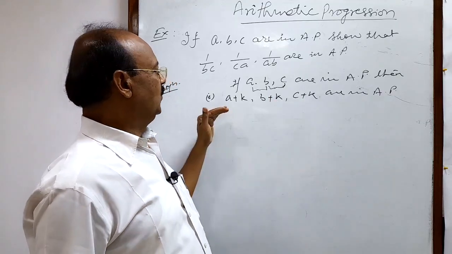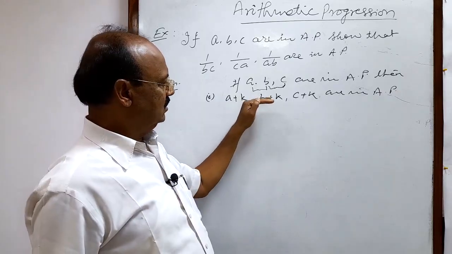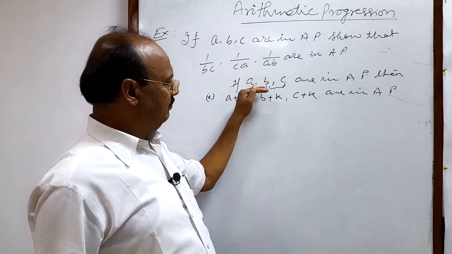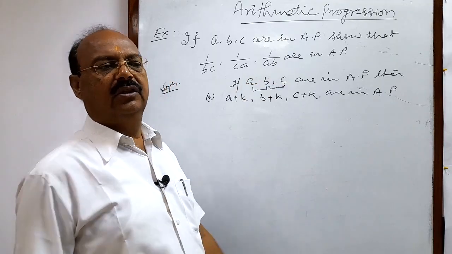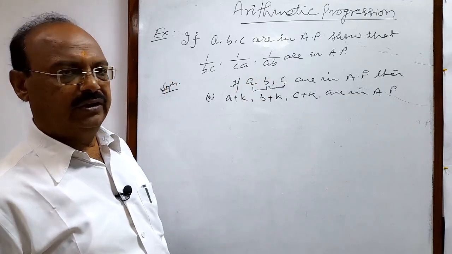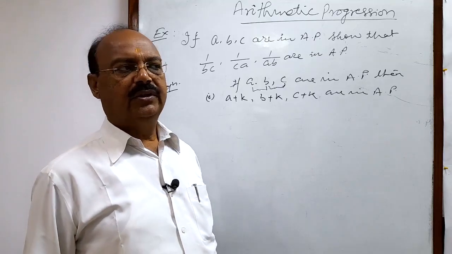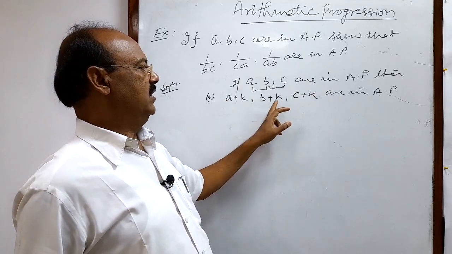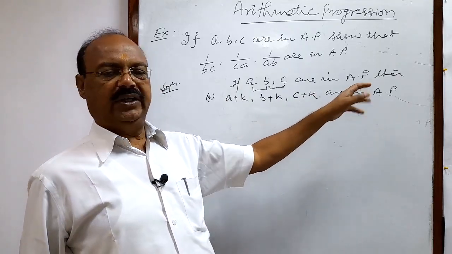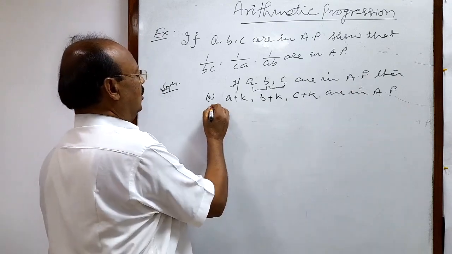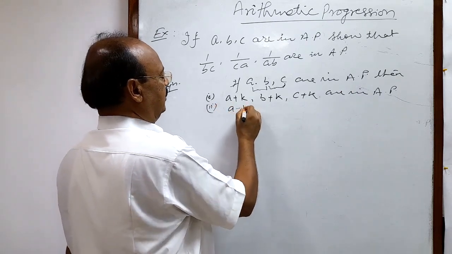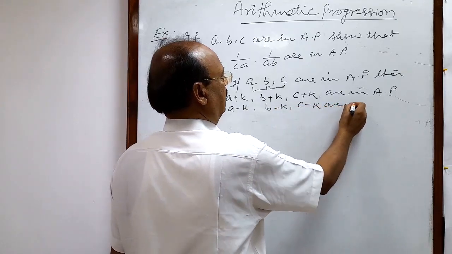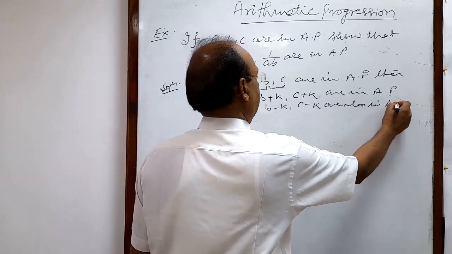Okay, so addition of a constant number to every given number will not change the property in respect of arithmetic progression. So clearly, if A, B, C are in AP, then A plus K, B plus K, C plus K are also in AP. Similarly, when we subtract a constant, A minus K, B minus K, C minus K are also in AP.